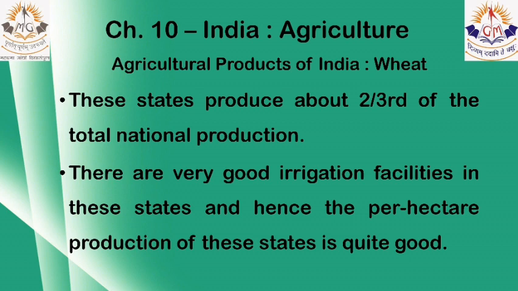So those areas do not have a scarcity of water for crops. We have learned what a hectare is: 100 meters by 100 meters field is called 1 hectare. So per hectare yield from Punjab, Haryana and Western Uttar Pradesh is quite high compared to the rest of the regions of India.